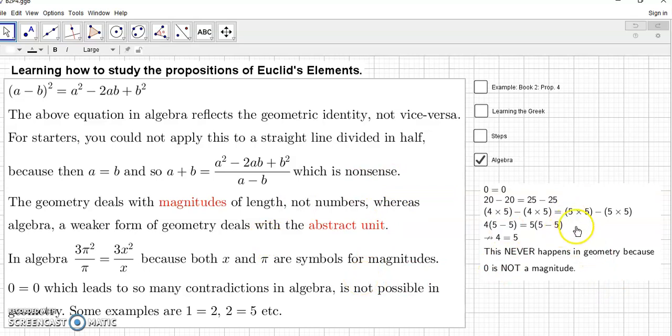Algebra inherited the operations of division, subtraction, multiplication, and addition from geometry. And all the things that you do in algebra with fractions. In other words, when you multiply a fraction by another one, you multiply the numerators and the denominators, and then you cancel out. All that is possible because it's how it happens in geometry, okay?